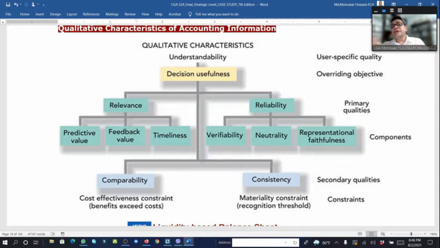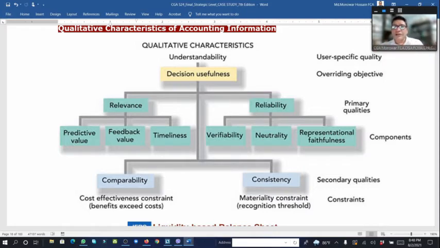It is the user-specific quality. Decision usefulness is the overriding objective, and relevance and reliability are the primary qualities. Also predictive value, feedback value, timeliness, verifiability, neutrality, and representational faithfulness are components of good financial information.